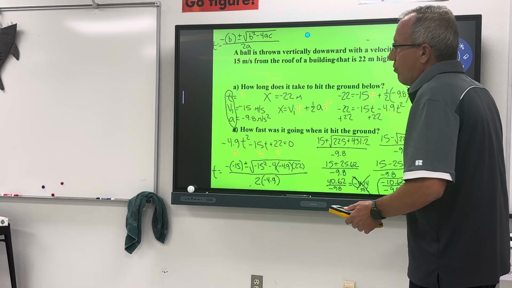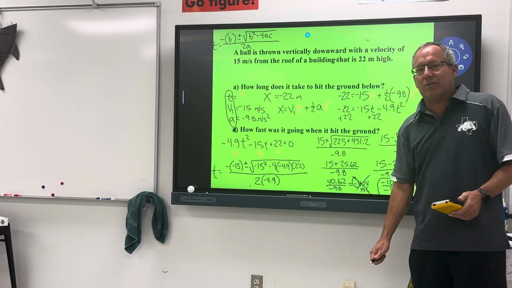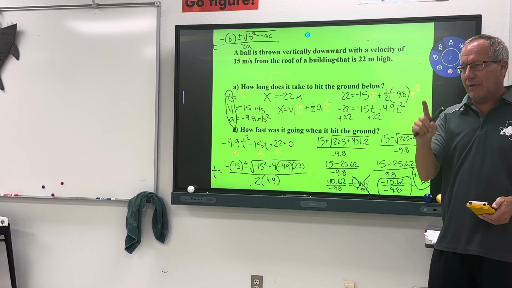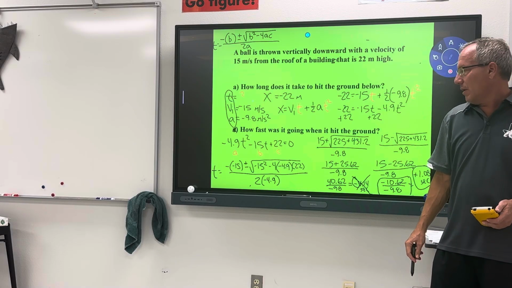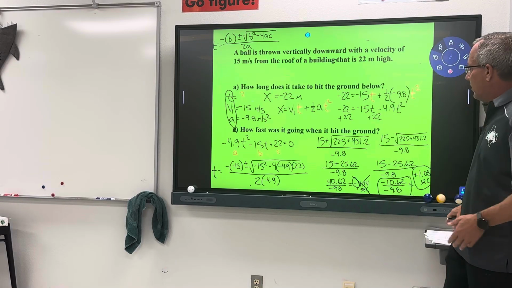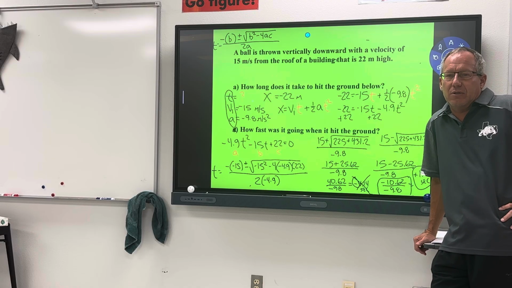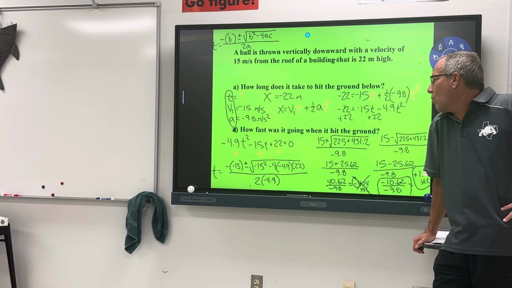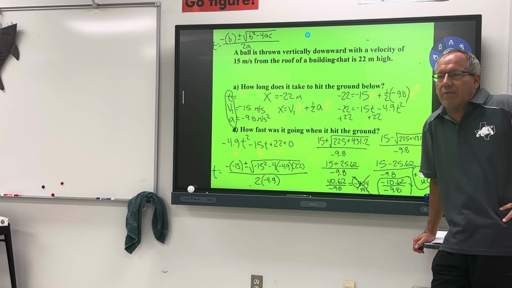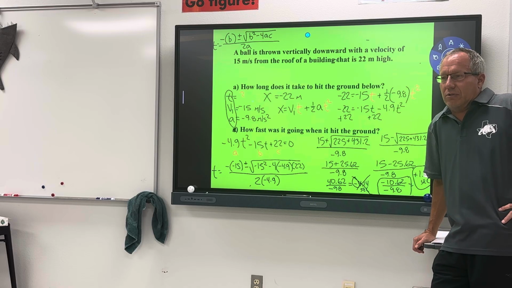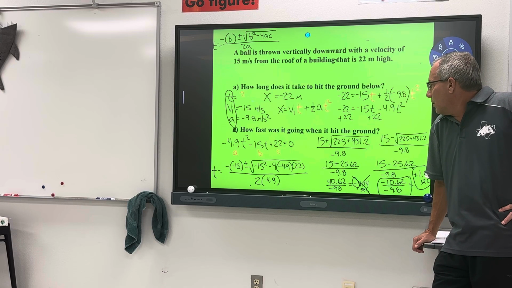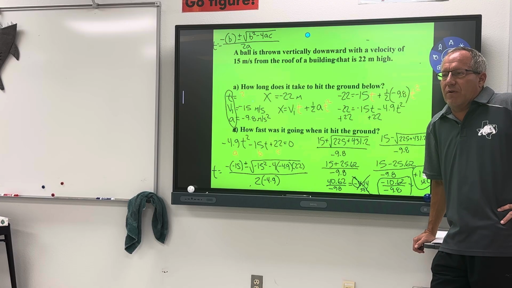So this is a case where in mathematics, you have two answers. In physics, you only have one, right? So you have two ways of solving that one. One by way of using two equations and then doing a multiple set, or you can go straight to quadratics and solve it. Either way works, all right? So there you go. That is free fall.